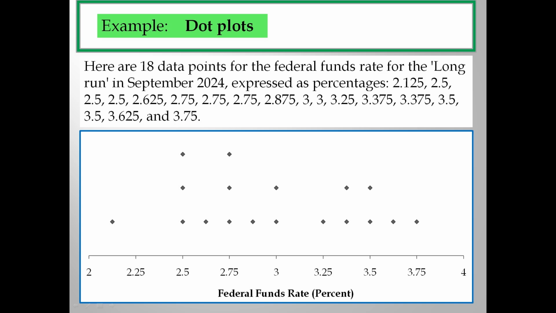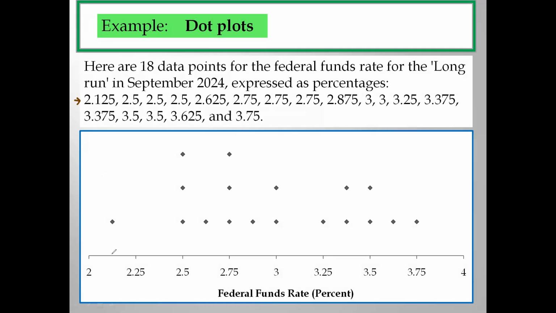What we end up doing is taking each one of these values, putting it on a horizontal axis, and indicating that value. Here we have three 2.5s, so we indicate three dots or points right on top of each other to indicate that there's three values of 2.5%. And we repeat this process for all of our data, and this creates our dot plot.